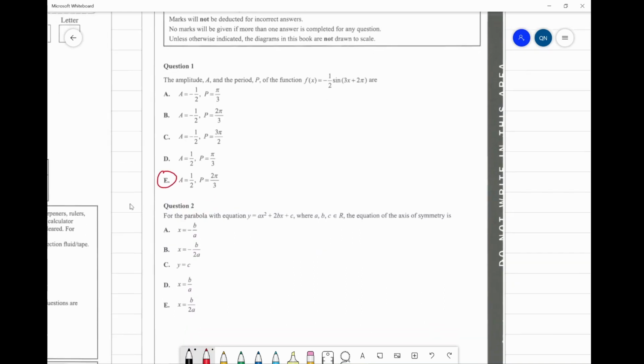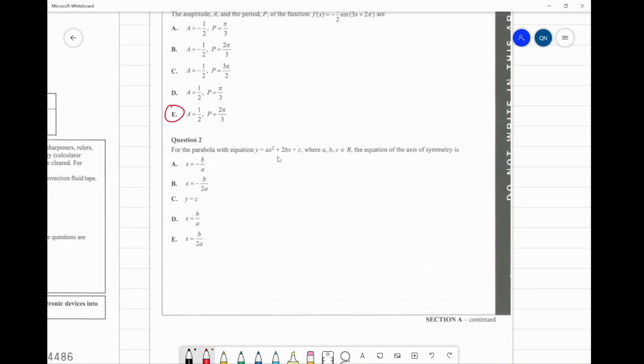Awesome. Question 2, the parabola with this equation, the equation of the axis of symmetry is going to be at the x coordinate of the turning point. How do you calculate the turning point of a parabola? It's minus b over 2a, right? That's part of the quadratic formula. But what's b in this case? It's actually 2b, which is a bit confusing.